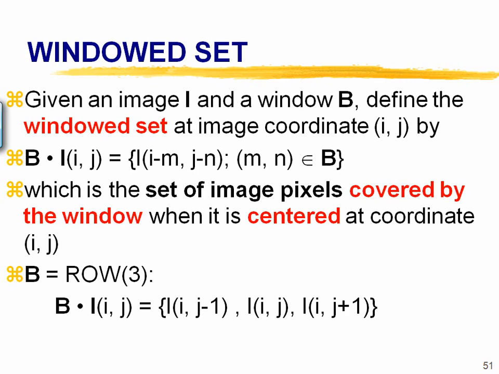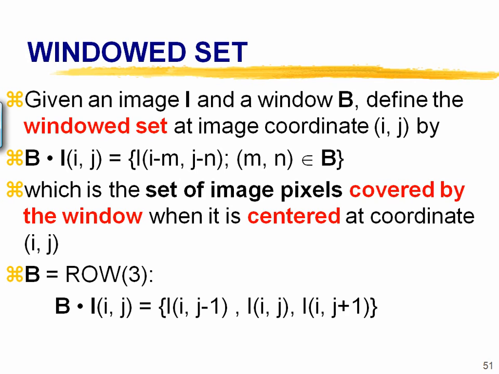To define a windowed set given by window B over an image I, we will write that as B dot I of (i, j), which is basically the set of pixel intensity values given by the image I over the position (i, j), with the coordinates shifted according to the coordinates of window B. So I would have I of (i minus m, j minus n), where (m, n) belongs to B.